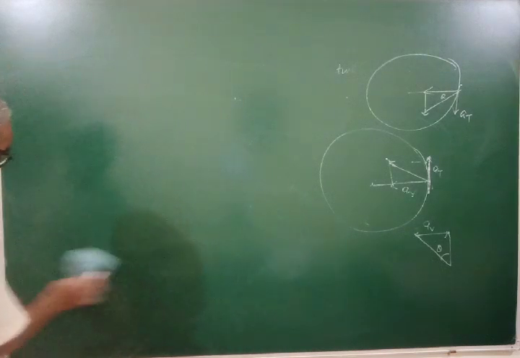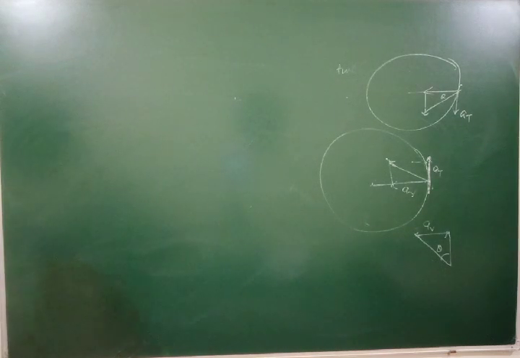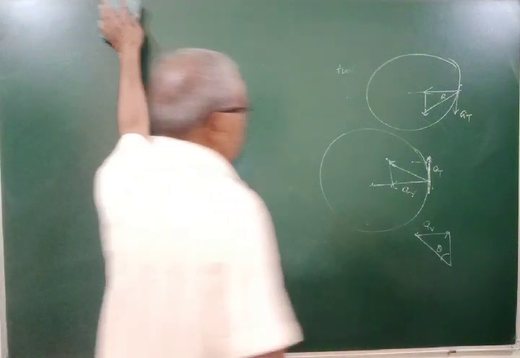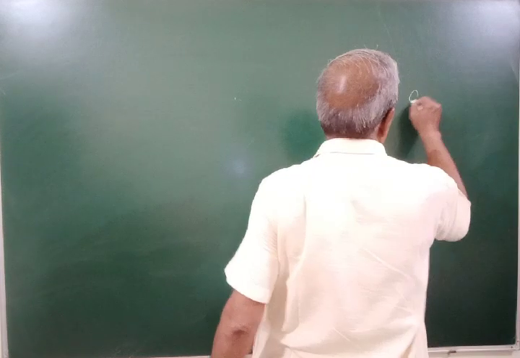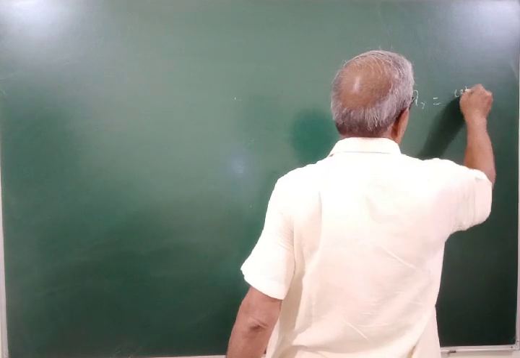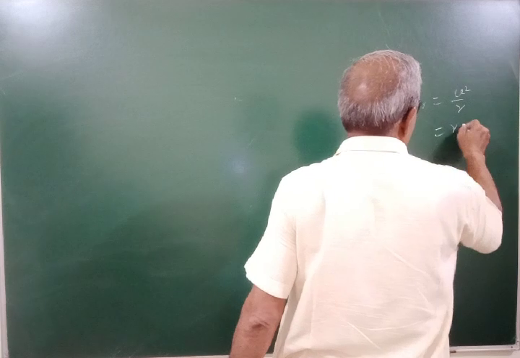In uniform circular motion, there is only centripetal acceleration, which acts towards the center along the radius. But if it is variable speed, then at every instant centripetal acceleration is always there, AR equal to v square by R or R omega square.